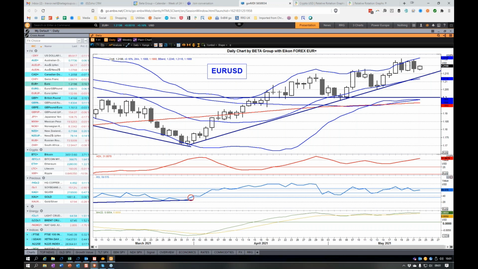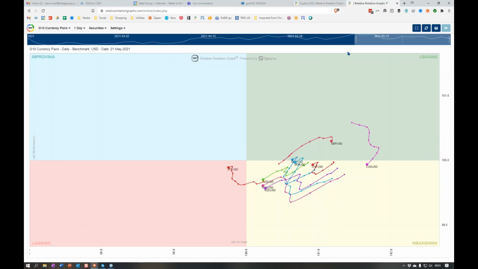Okay, let's start with the currencies. Let's start with the dollar firstly, and I want to start with the relative rotation graph, which has been so helpful to us in keeping us in the right securities and seeing where the dollar is versus how strong the dollar is itself. What we've got here is everything except the yen on the right hand side of the vertical 100%.